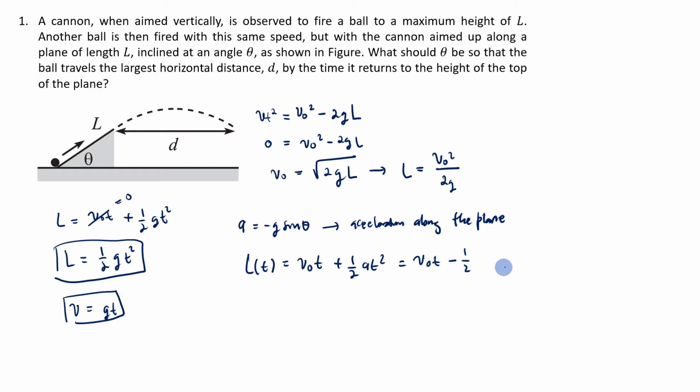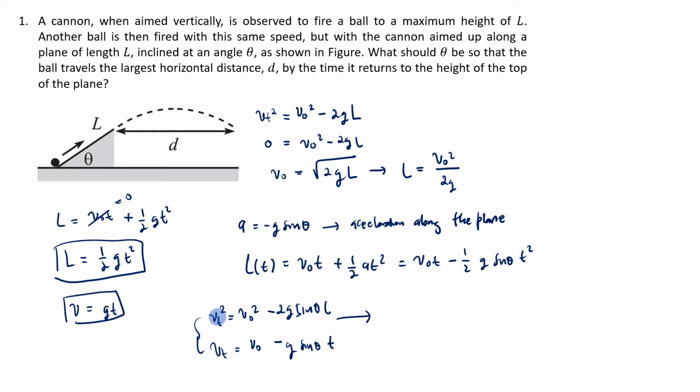So we can get it like this. Setting this equal to L, this is the substitution of L, and we can get some equations. First, we can write Vt square equals Vo square minus 2g sin theta L, and Vt equals Vo minus g sin theta t, and we can substitute this.